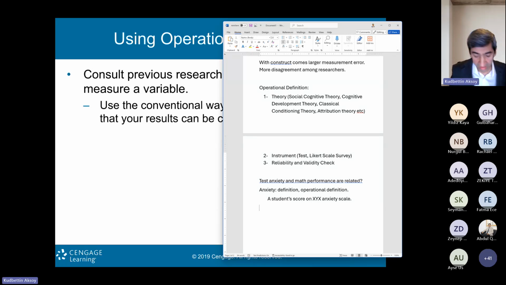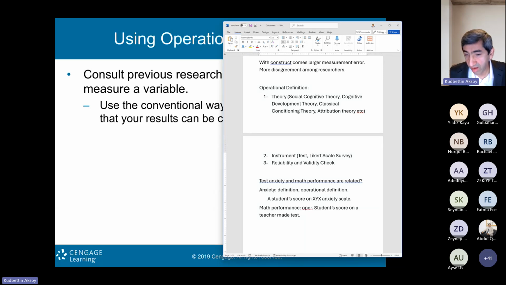So now we have test anxiety. Same for math performance, but math performance is easier, it's more common. You could say operationally, students' score on a teacher-made test in such and such. You can be more specific. Now we have operationally defined our variables.